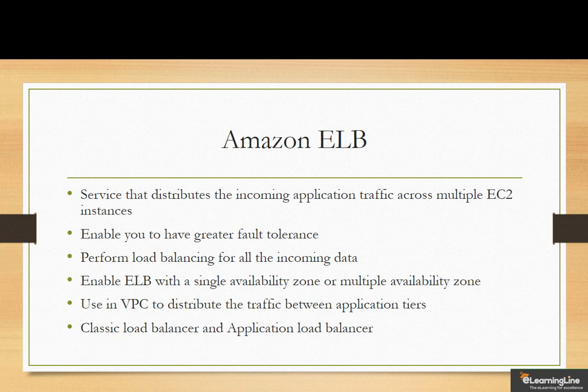So there are two types again, the classic load balancer and the application load balancer. Depending upon your requirement, you pick. Most of the time, we prefer to go with the classic load balancer. But again, if your application requirement can only be satisfied by the application load balancer, then you have to go with that one. Especially, the application load balancer supports content-based routing, right?